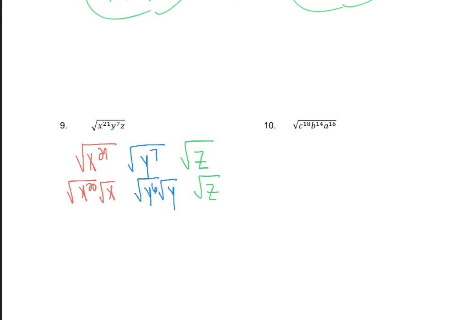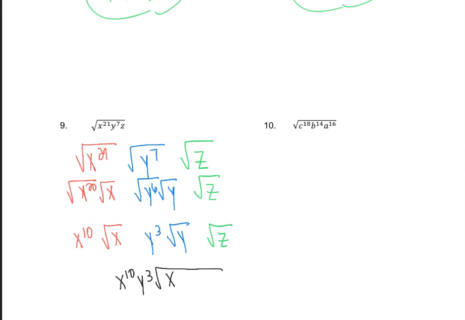Okay, so 20 x's become 10 couples, and I have a root x to deal with. 6 y's become 3 couples, and I have a y to deal with. And then the z left behind. So if I have all the stuff coming out, it's x to the 10th, y to the 3rd. And then all the stuff left inside of the square root is x, y, z. So my final answer is x to the 10th, y to the 3rd, root x, y, z.